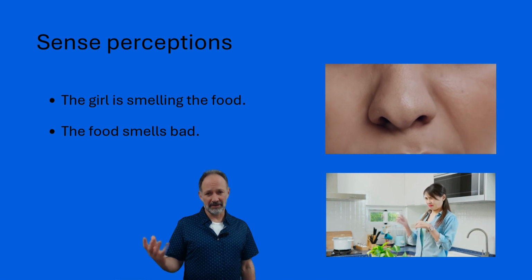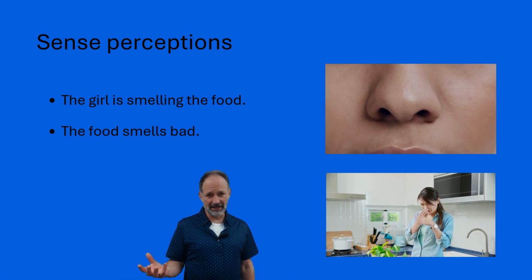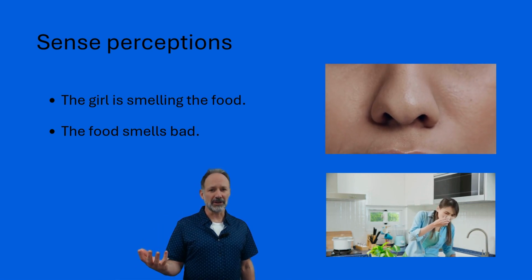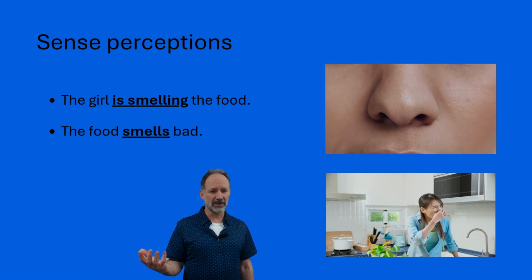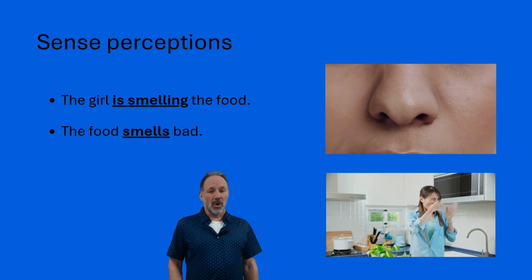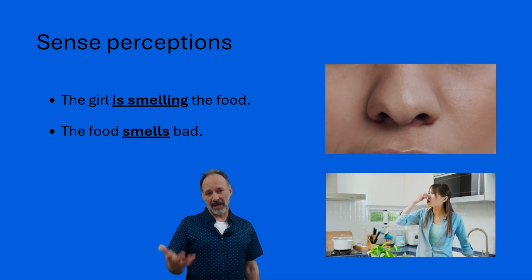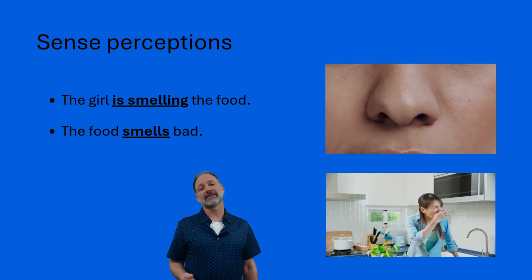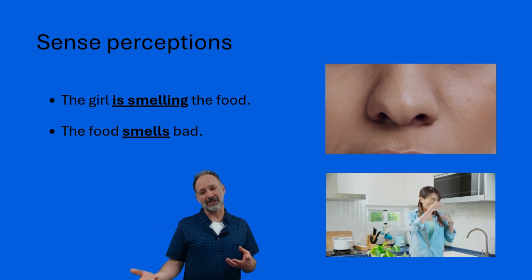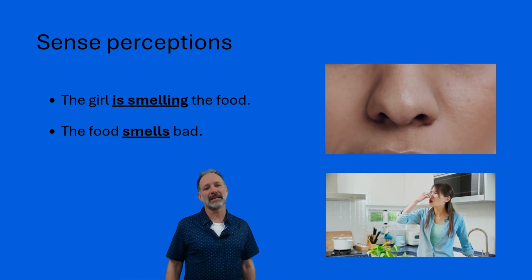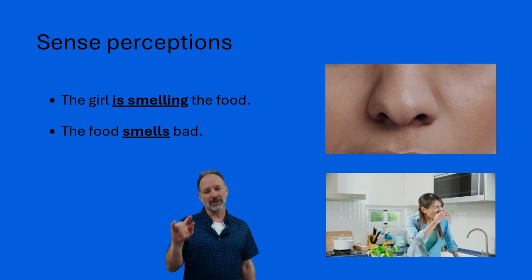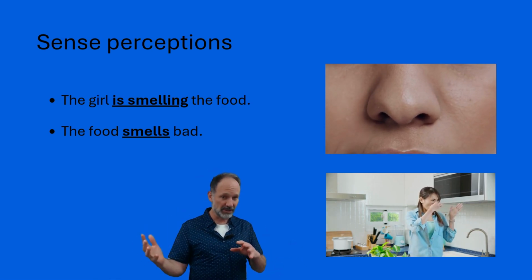Another example of a sense perception is with smell. The girl is smelling the food, or the food smells bad. In the first sentence, the girl is doing this action. So that's an action meaning for smell. So that could be progressive or simple.